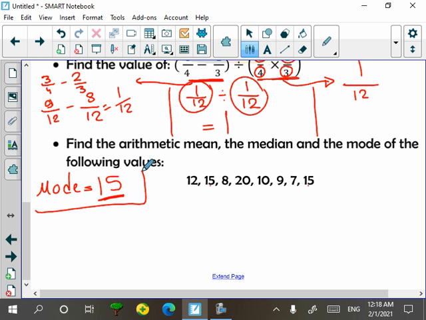We said before that to find the median, you must arrange the data in order.